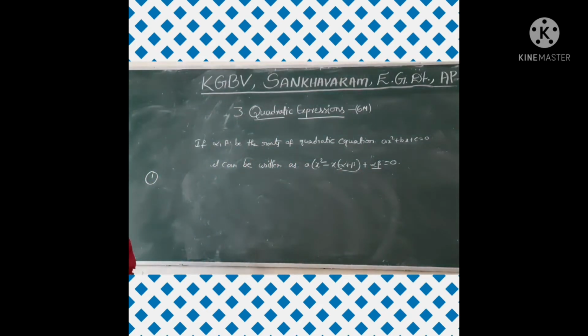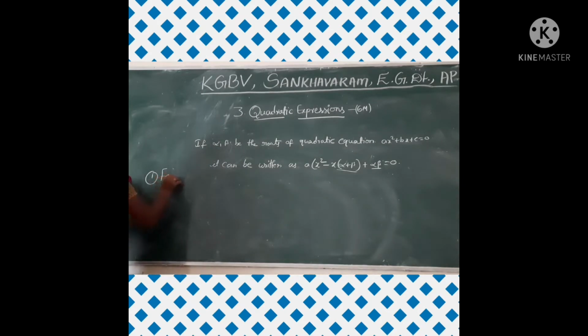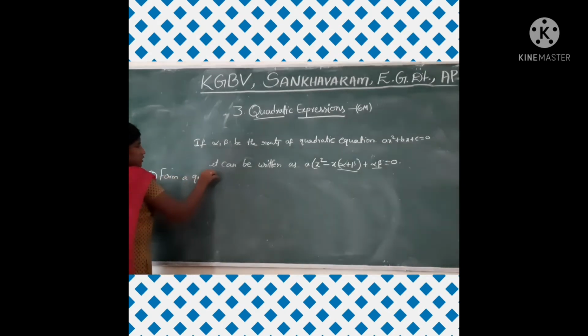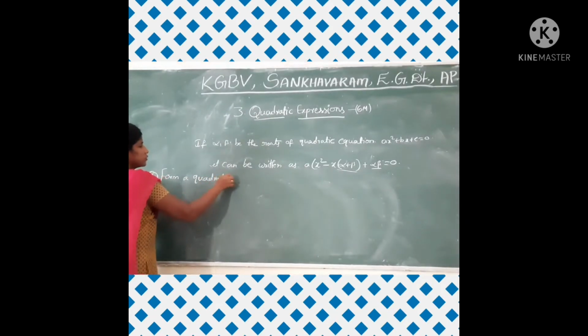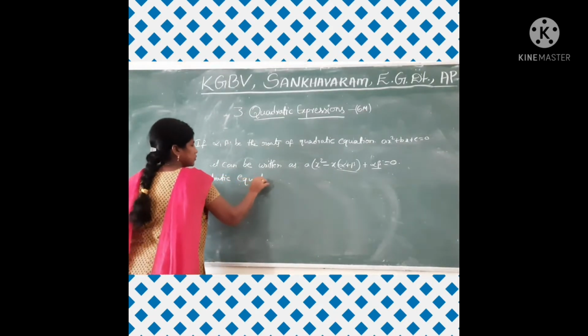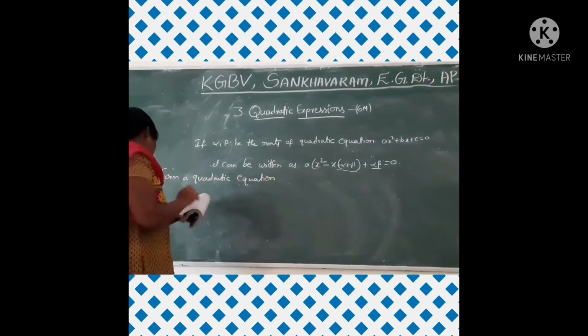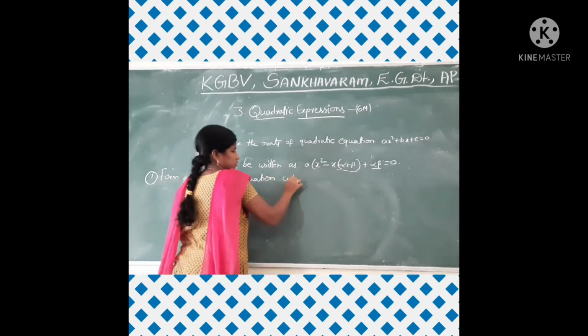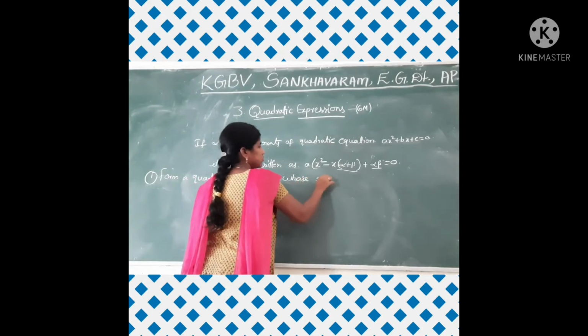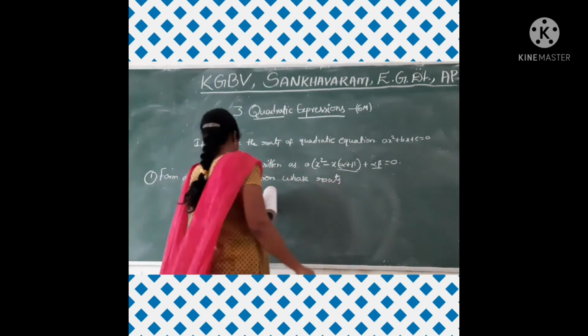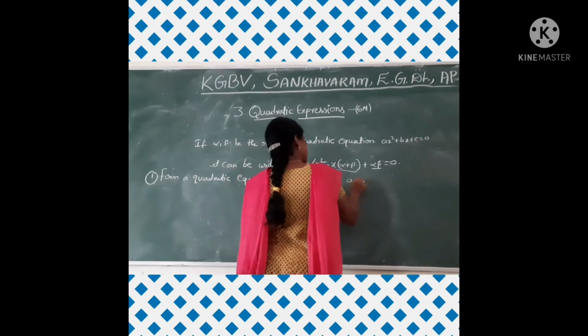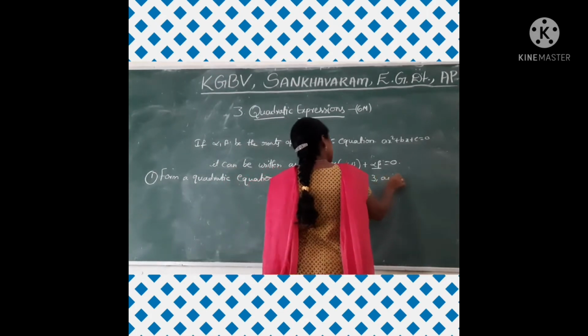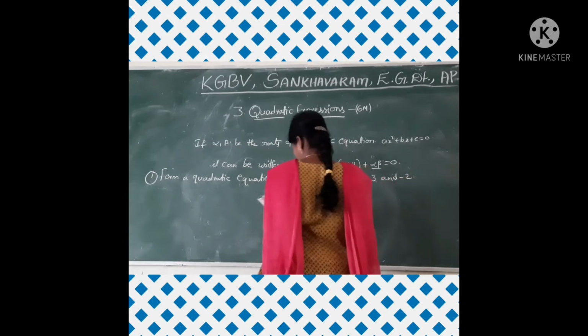Okay, the first sum is: form a quadratic equation whose roots are 3 and minus 2.